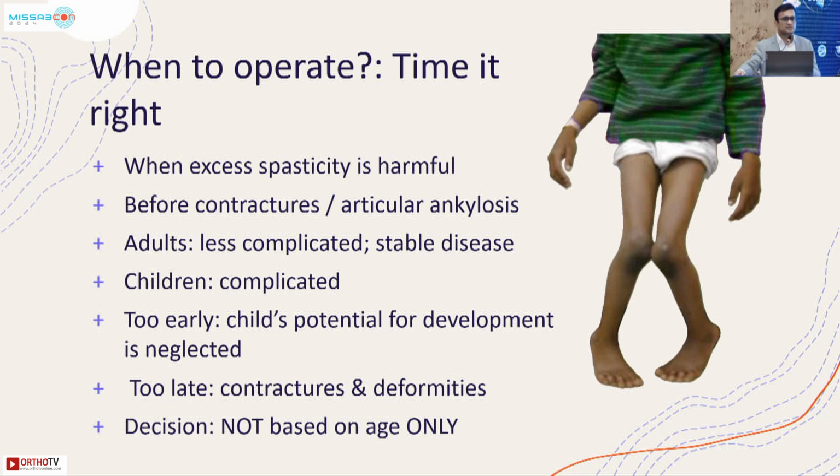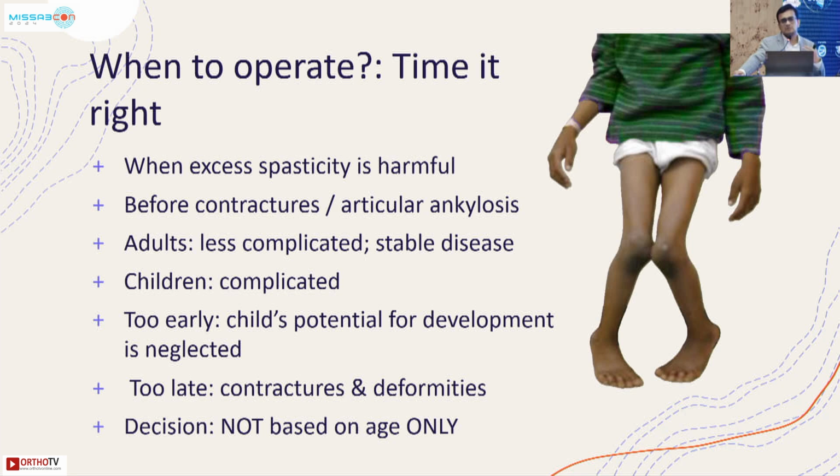So when to treat? That is also an important question. In adults, spasticity treatment is quite straightforward; the treatment modalities are straightforward. The more complex scenario is in children. If the surgery is done quite early in a given child, there is the potential for developmental neglect, developmental delay or developmental halt.